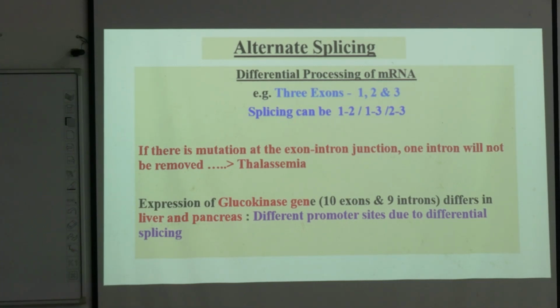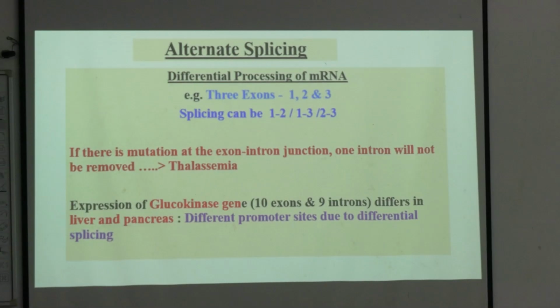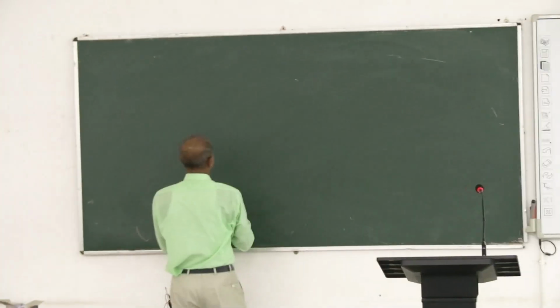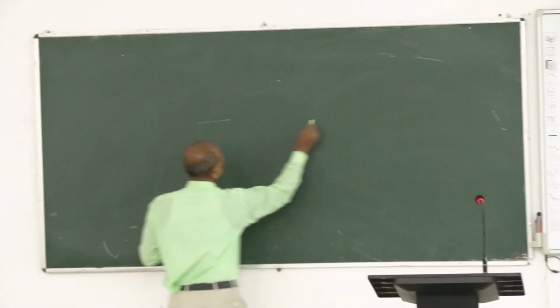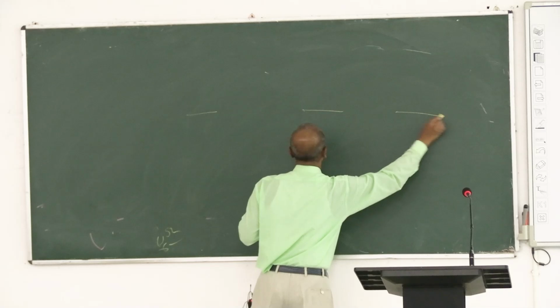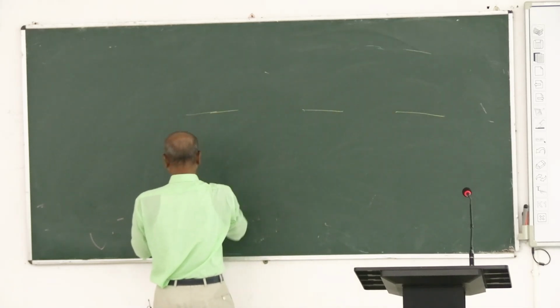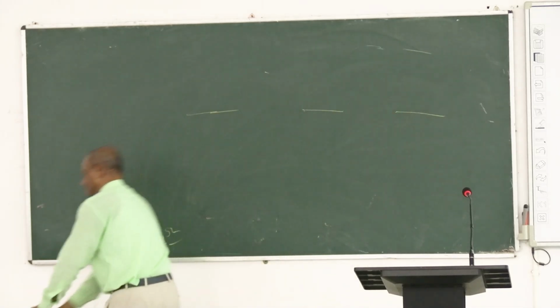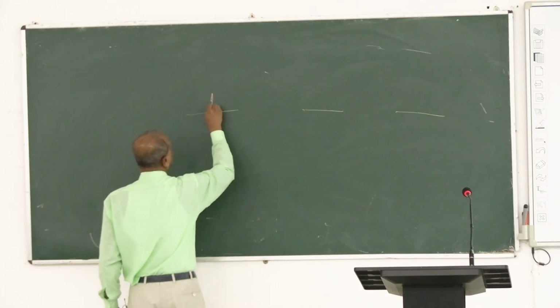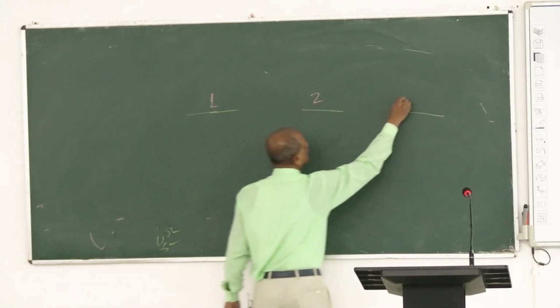Now alternate splicing. If there is a problem in splicing, suppose there are 3 exons, 1, 2 and 3.